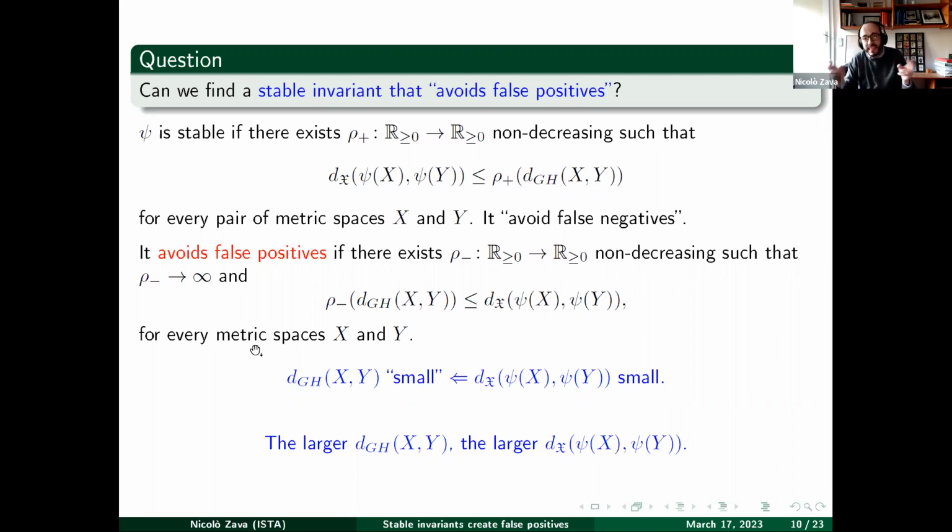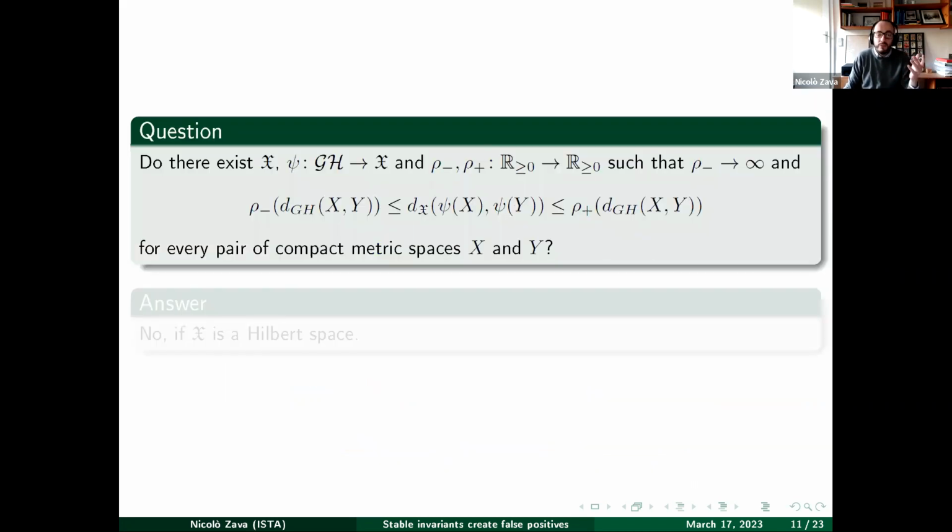Again, more precisely, we say that this lower bound tells us that the larger the Gromov-Hausdorff distance is, the larger the distance between the associated invariants. Okay, so now we have our formal question.